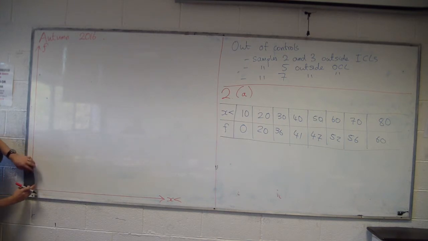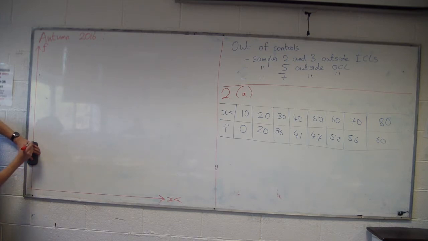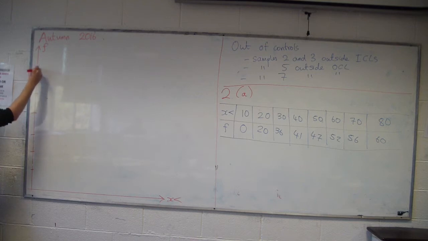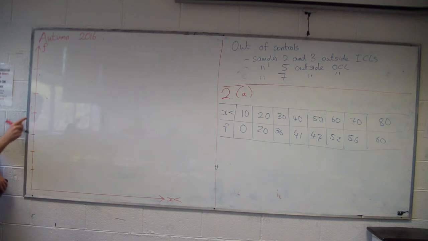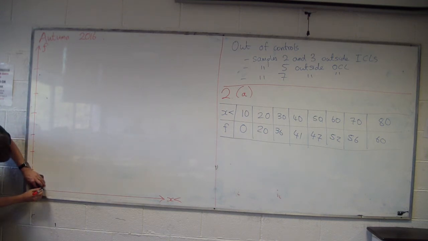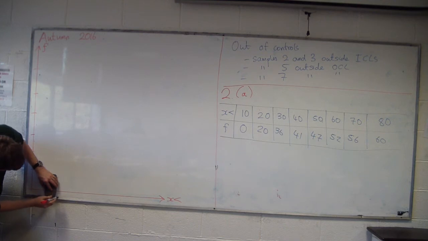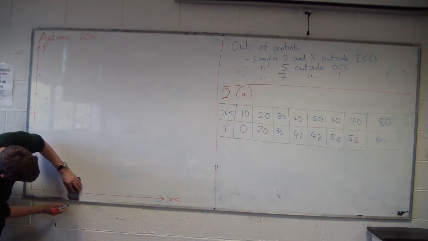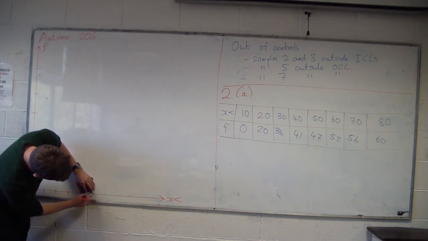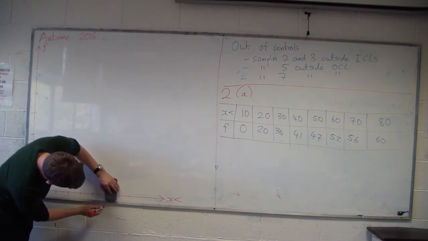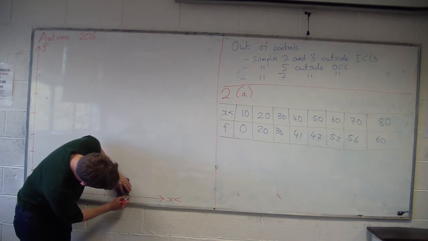So 0, 10, 20, 30, 40, 50, 60, close enough. And then this one is going up to 80, so I go in 10s: 10, 20, 30, 40, 50, 60, 70, 80.